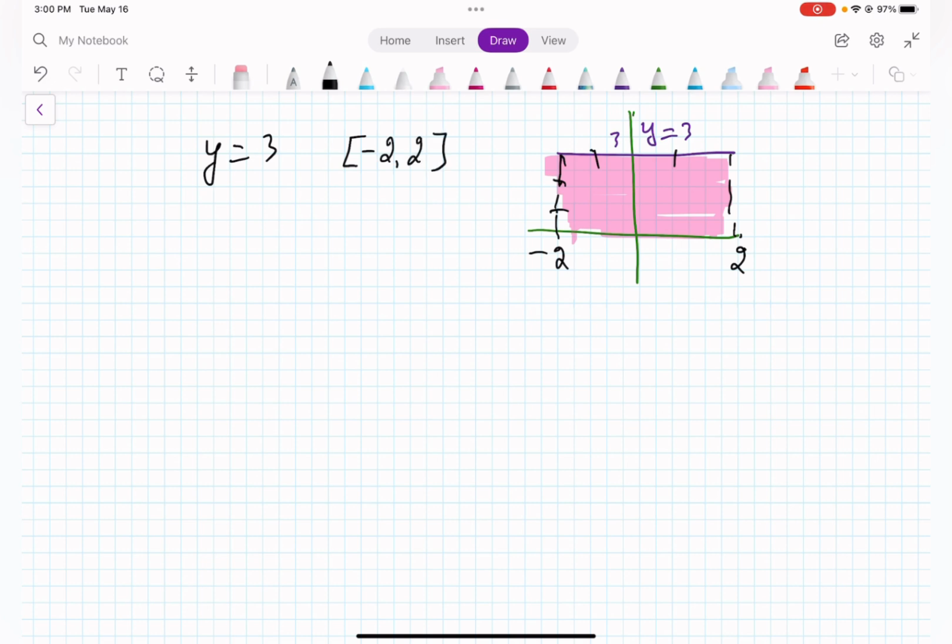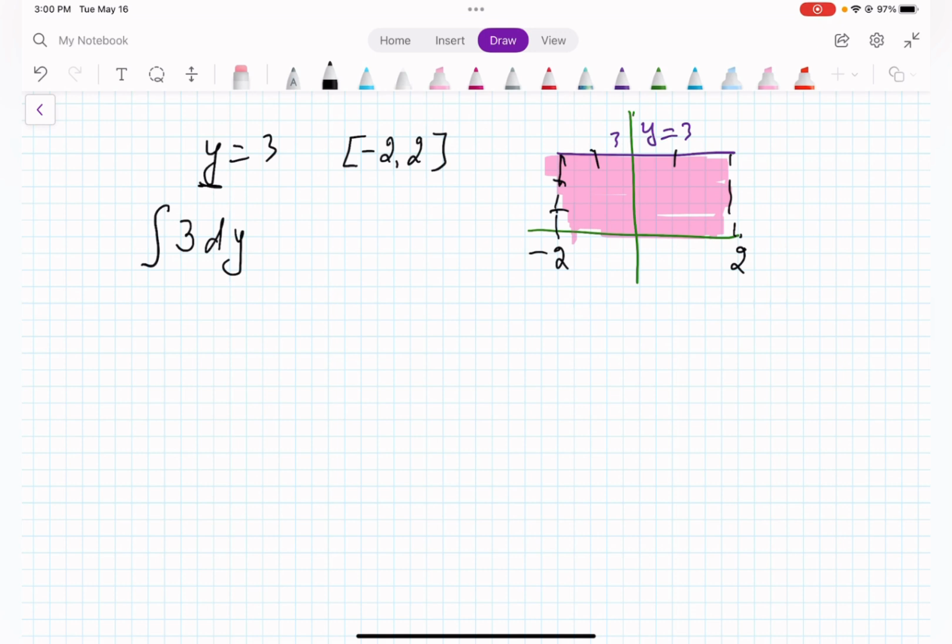Well, let's find the area, because remember at the very beginning I told you that via integral we can calculate perimeter, area, volume. So how do we do that for area? It's asking for area. I'm going to take the integral of 3 dy, because we have y.